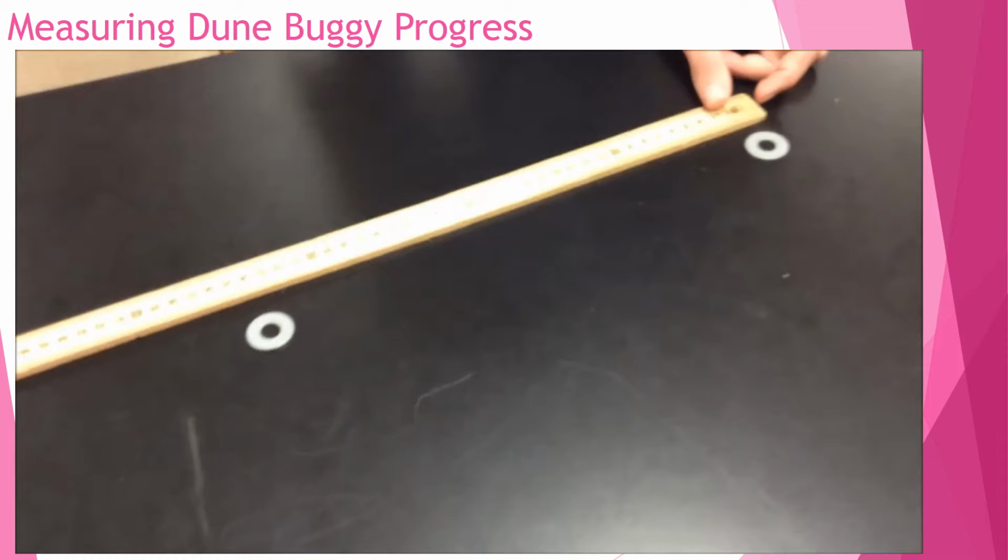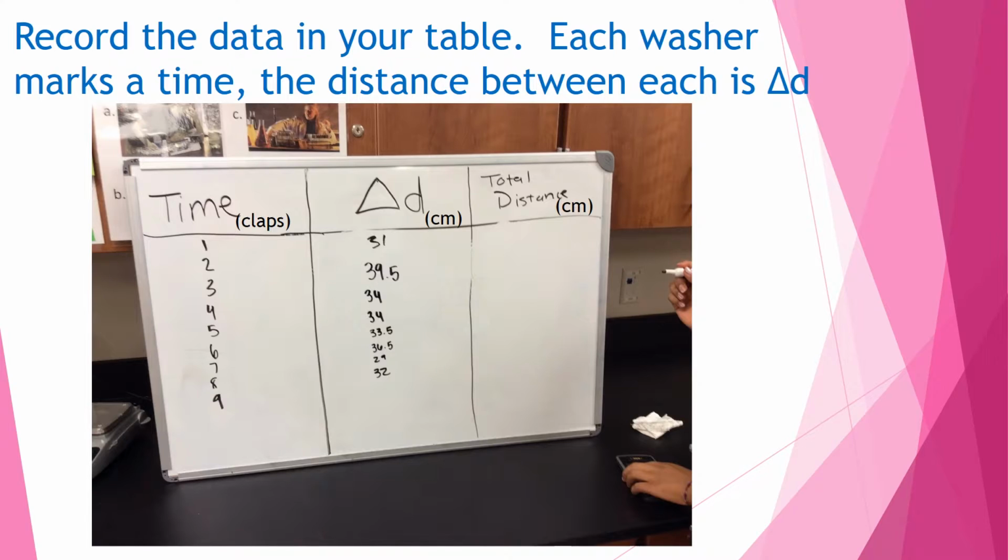So as the person who was calling out the data called it out, the recorder wrote down the time and then recorded the change in distance. You can see I added some units up here that they should have and you should have on your data tables. The time was in claps or beats.